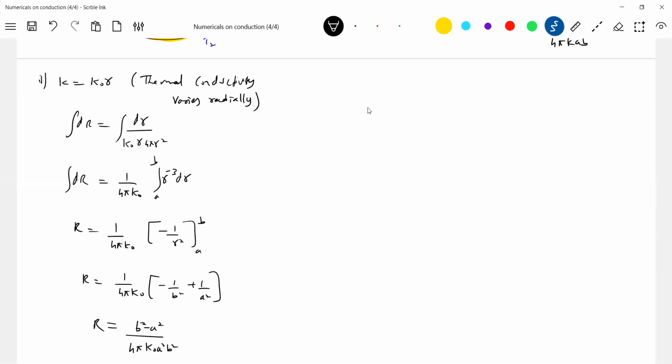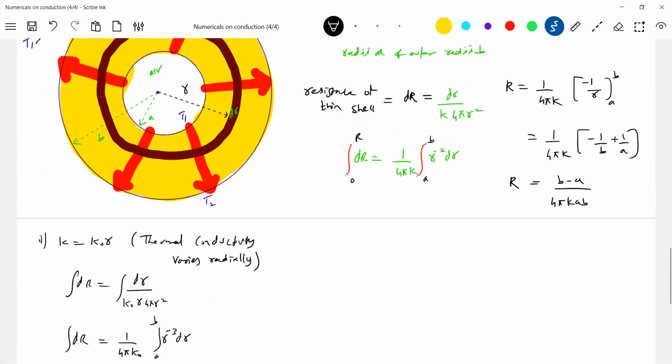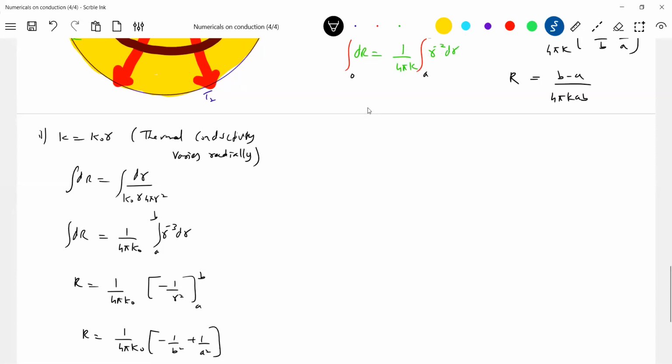Okay, are you getting the method? K can be variable also. Let it be; you can use this method. And also if k is k naught by r square, second case, let's see what conditions will come.